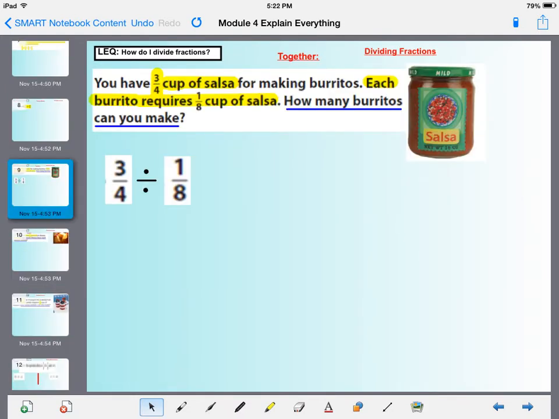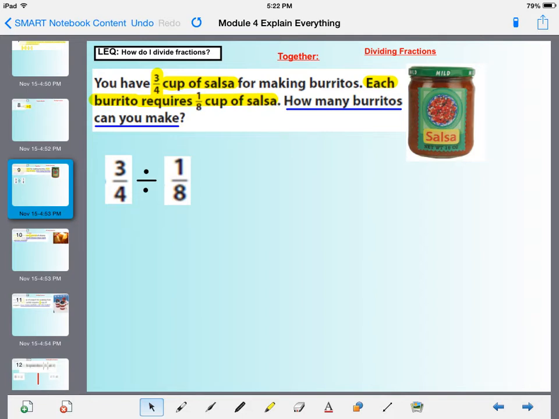Now let's take a look at a real-world situation where we have to divide fractions. In this example, we have 3/4 cup of salsa for making burritos. Each burrito requires 1/8 cup of salsa, and the question asks, how many burritos can I make? I remember the most difficulty that we had in class when we were dividing fractions was thinking about which fraction came first.